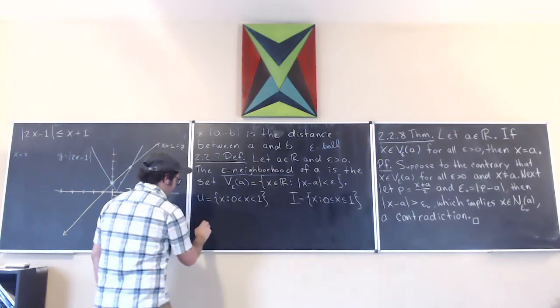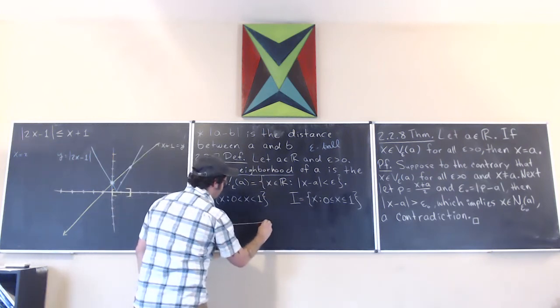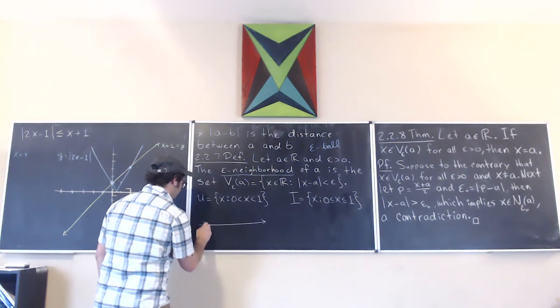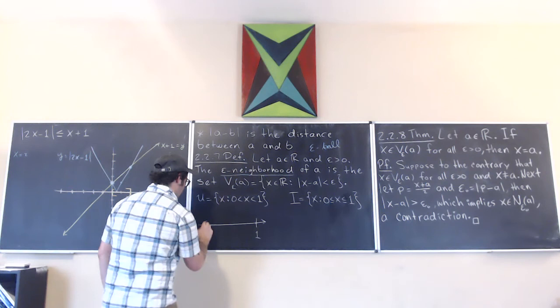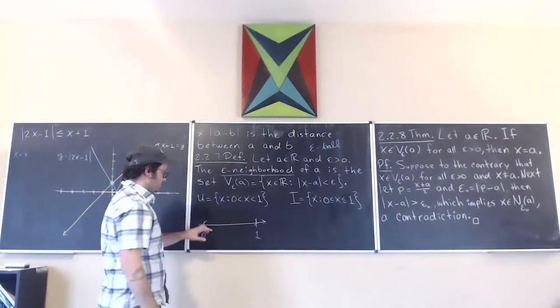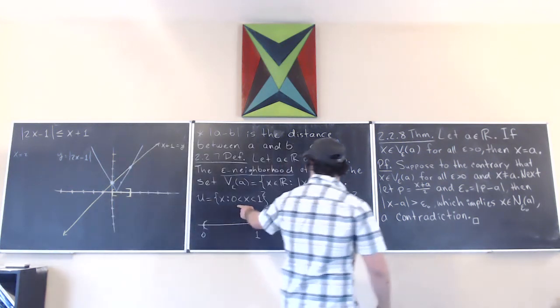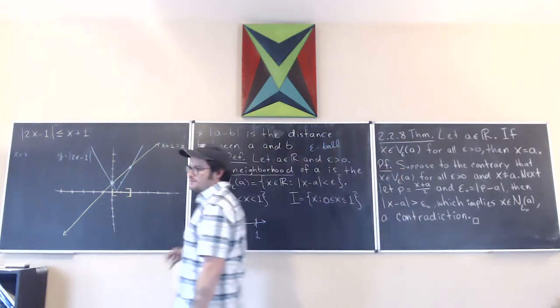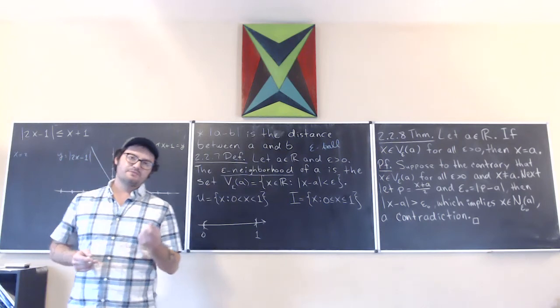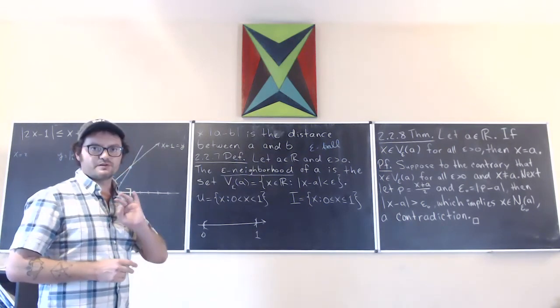So if we drew this guy, right? Every real number in that interval belongs to the set U. If we pick any number in that interval, there's going to be an epsilon ball or epsilon neighborhood around that number.